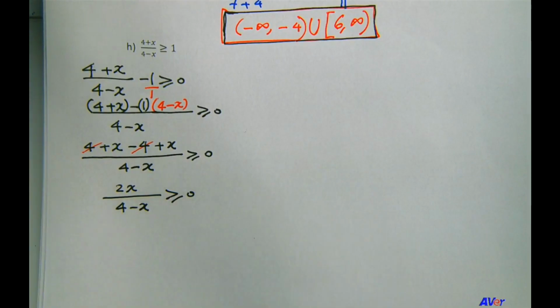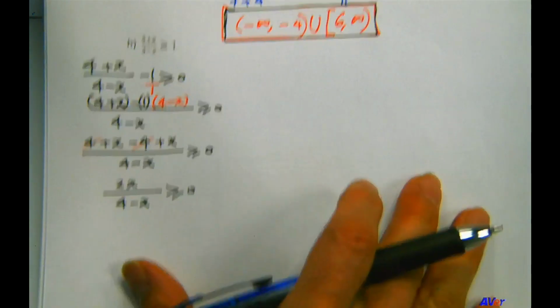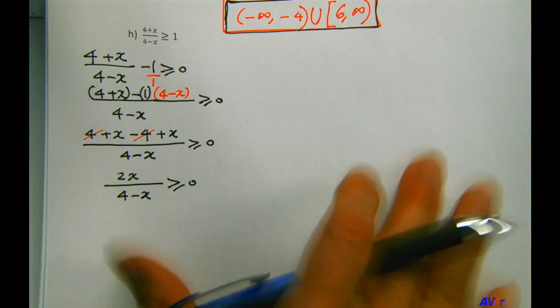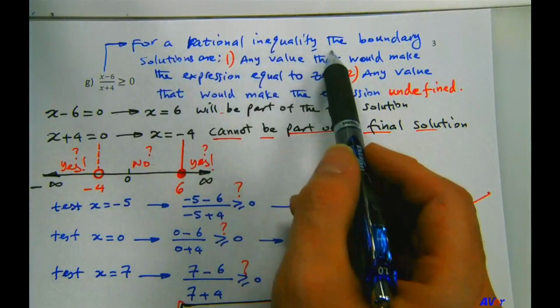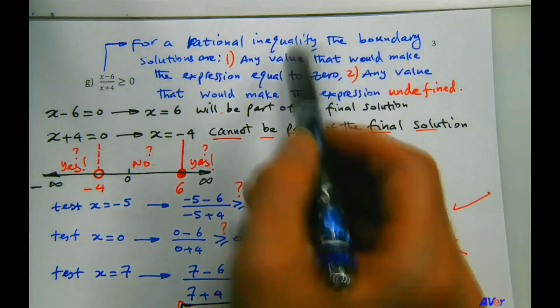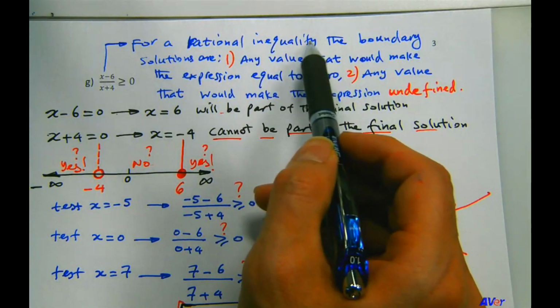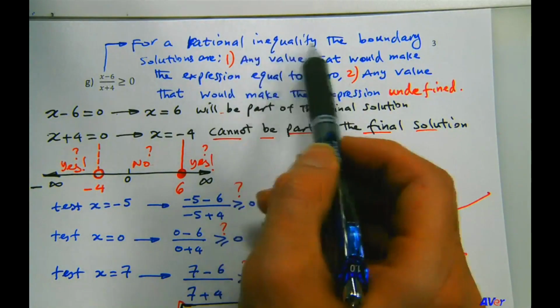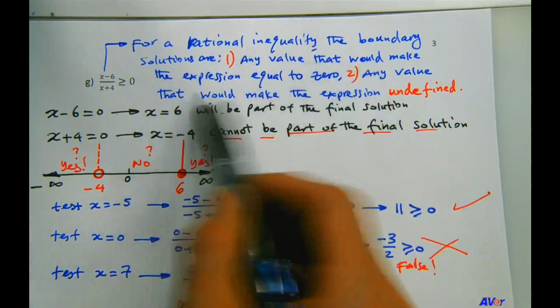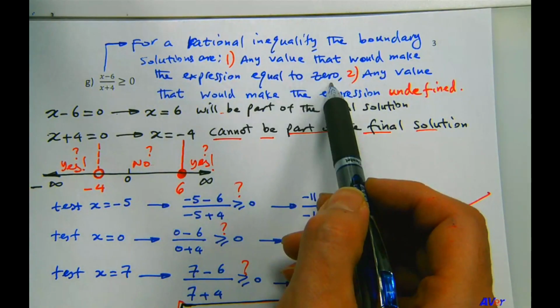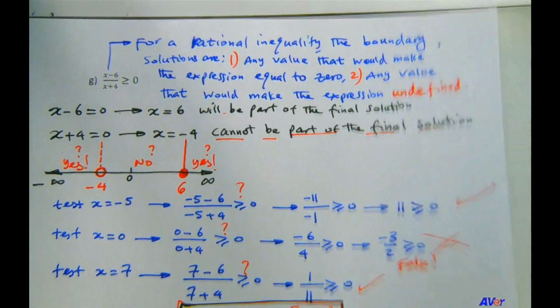Okay, now we're going to solve this for its solutions. Just like in the previous example for rational inequalities, the boundary solutions are any value that would make the expression equal to 0. So let's come back down here.